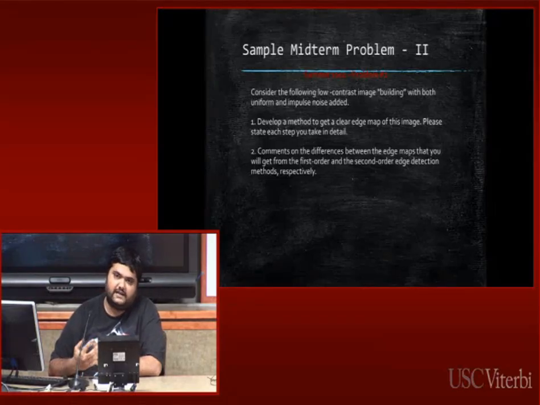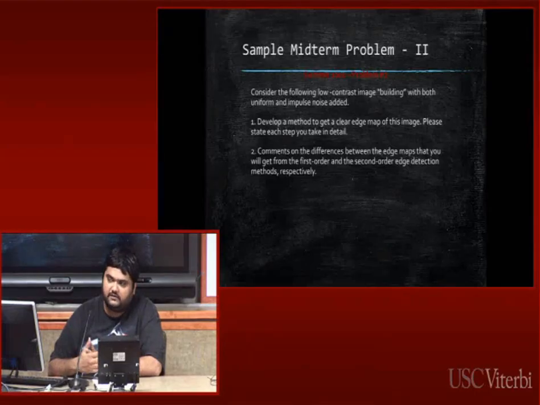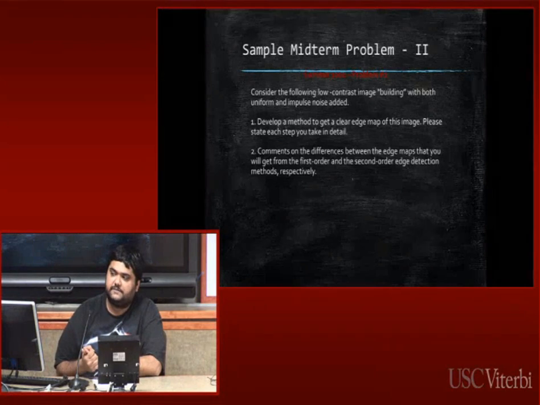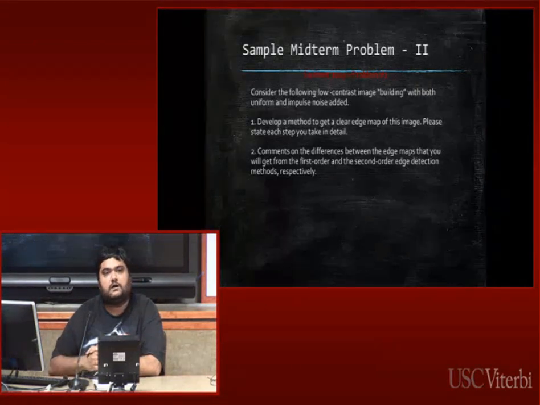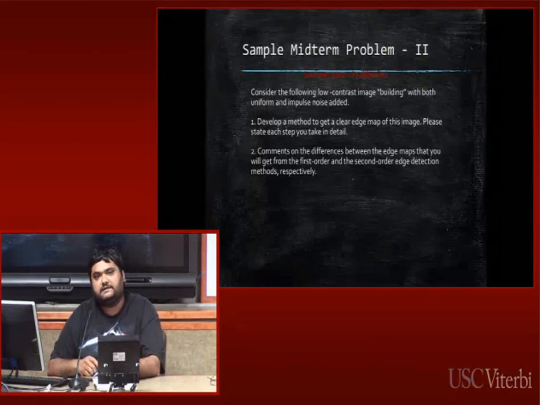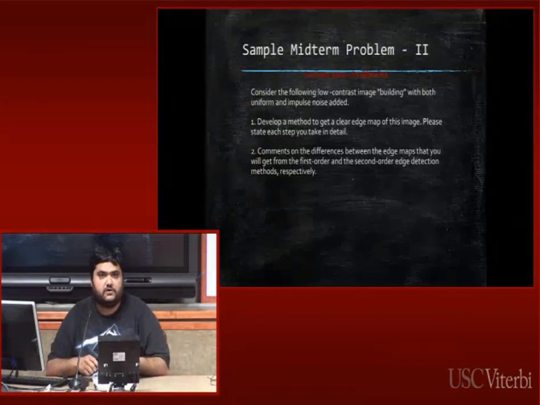So you'll have to state each step in detail. Comment on the differences between the edge maps that you will get from the first order and the second order edge detection methods respectively. So basically the second part of this question tests whether you're able to understand the applications of first order and second order and what are the different observations you make in your assignment.